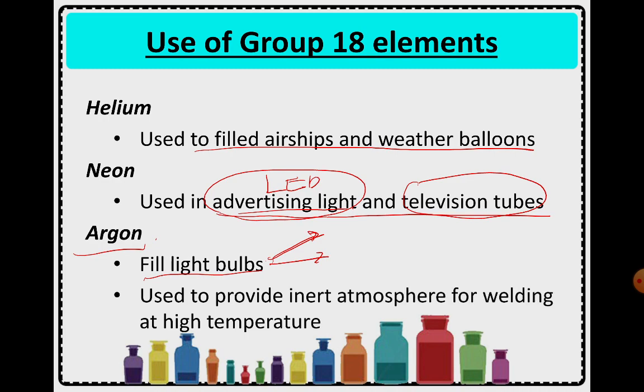Used to provide inert atmosphere for welding at high temperature. So dia juga menyediakan inert atmosphere. Maksudnya bila kita welding tu, bila kita spark tu, kadang-kadang dia boleh meletup dan sebagainya, tapi dia menyediakan inert atmosphere. Maksudnya dia tidak akan bertindak balas dengan welding kita tu. Pada high temperature, welding tu bahaya lah. So dia menyediakan inert atmosphere, maksudnya tidak boleh bertindak balas secara kimia di situ.